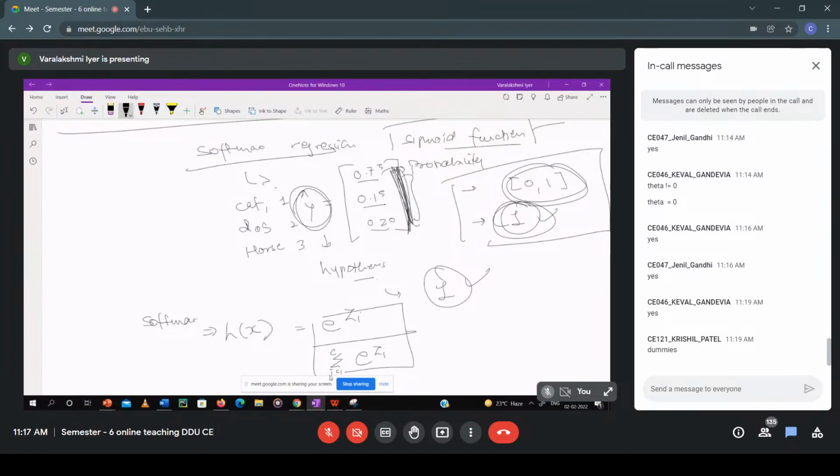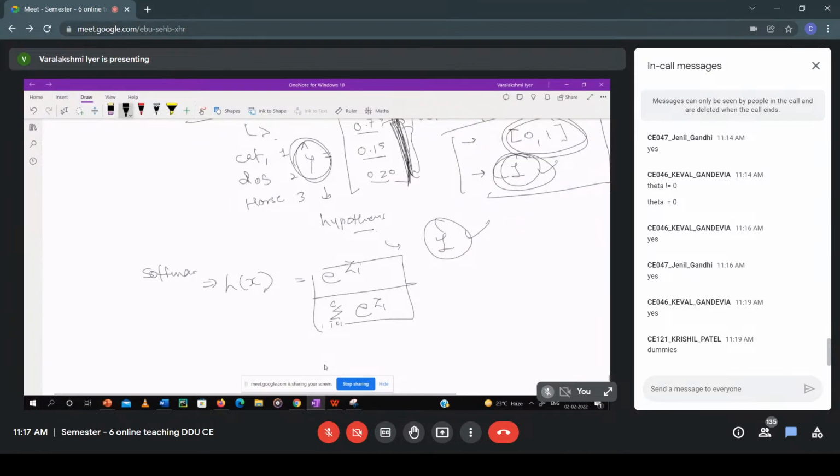So for the first class, the cat class, your hypothesis function output will be e raised to z1 upon e raised to z1 plus e raised to z2 plus e raised to z3. Why up to z3? Because we have 3 classes here: cat, dog, and horse. Similarly, for dog, the hypothesis value is e raised to z2 upon e raised to z1 plus e raised to z2 plus e raised to z3. And similarly for horse. Are you getting it?